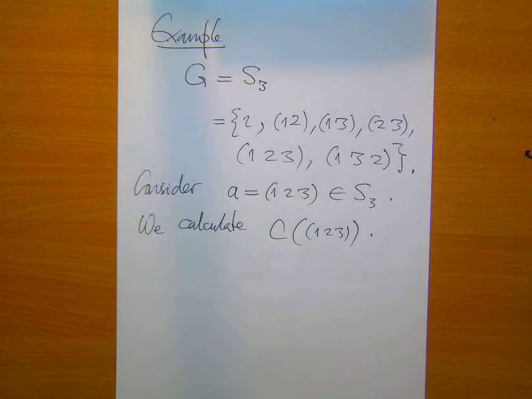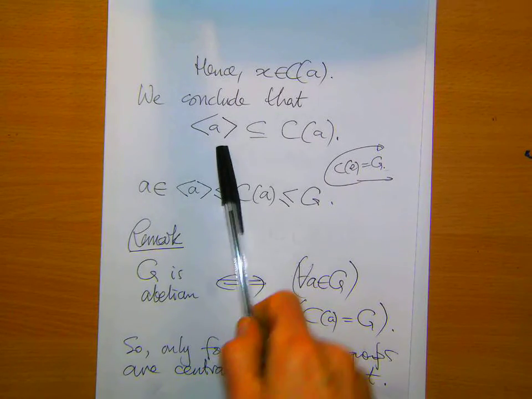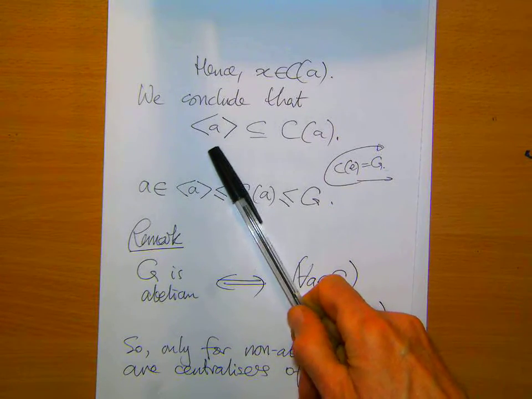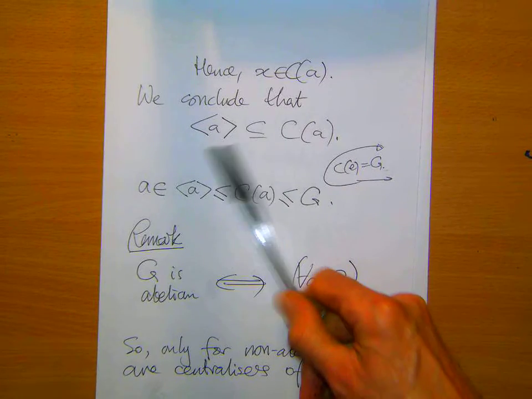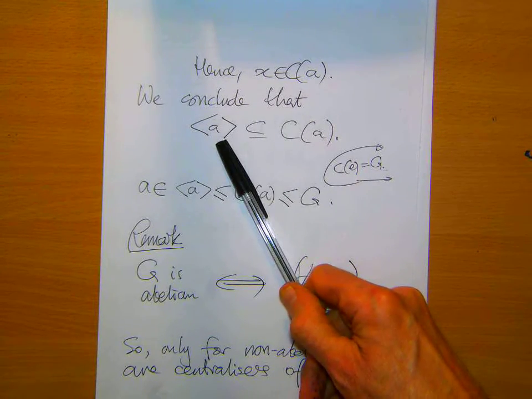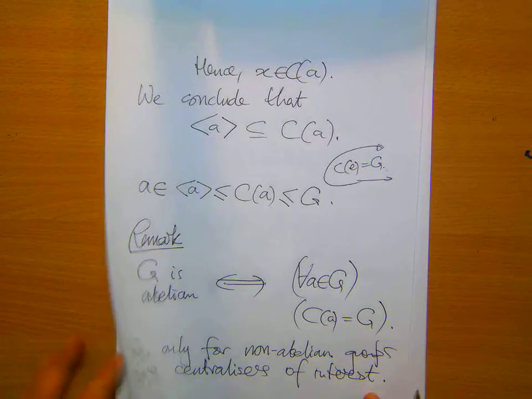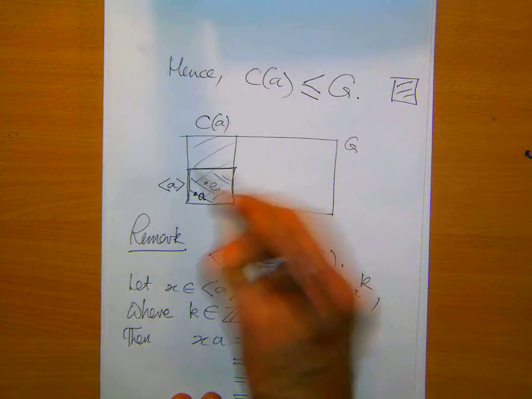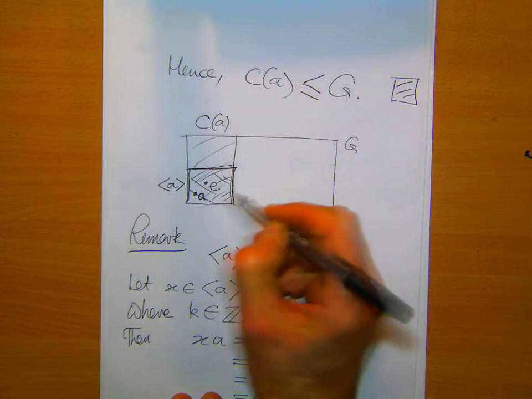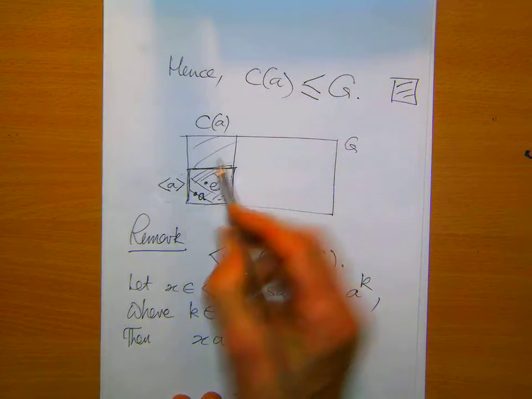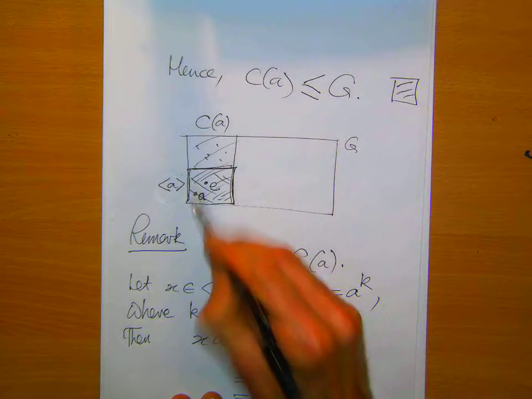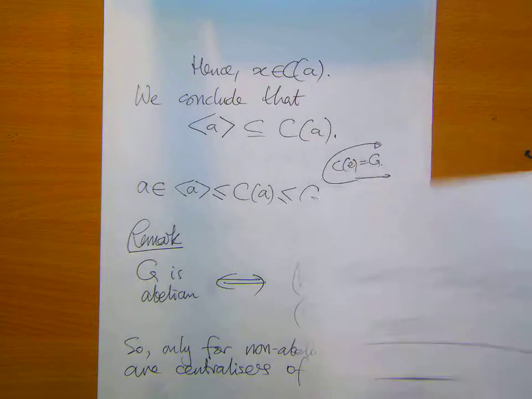Well, going back to our remark on the previous sheet, we get some elements for free, which are the elements in the subgroup generated by the given element. So we might as well write down those first, right? So remember, going back to our oblong picture, we get these for free. We don't need to do any calculation beyond calculating the subgroup generated by the element. There may be some other things, but we certainly get those for free.